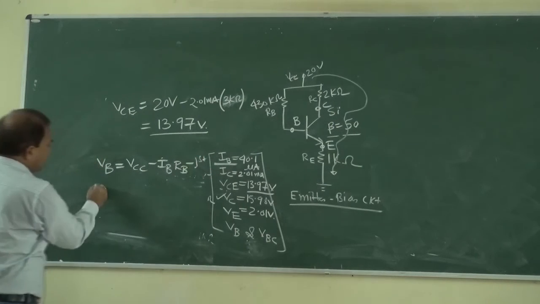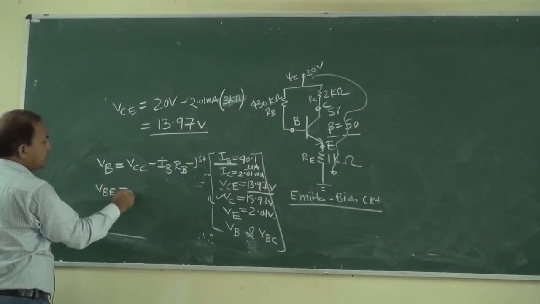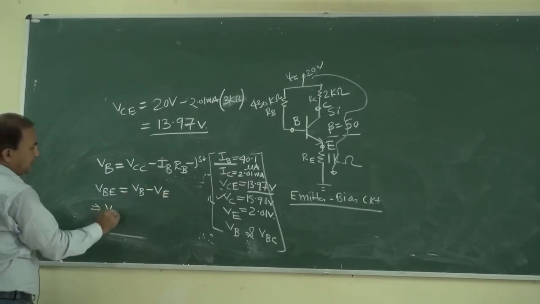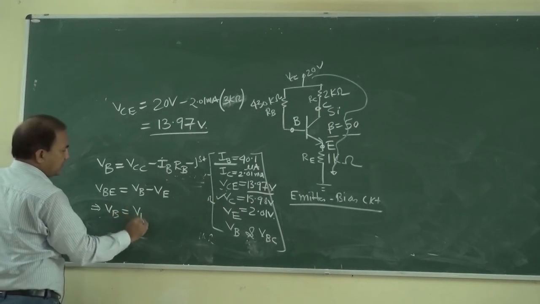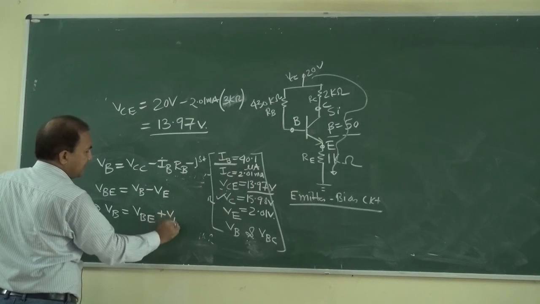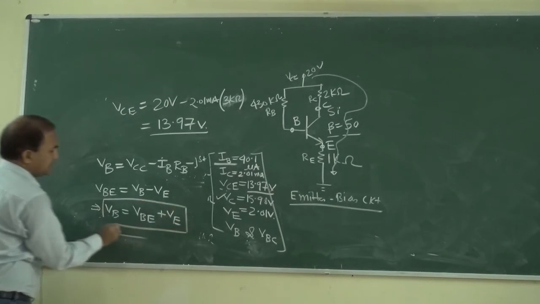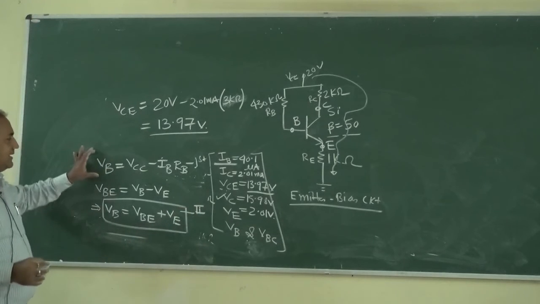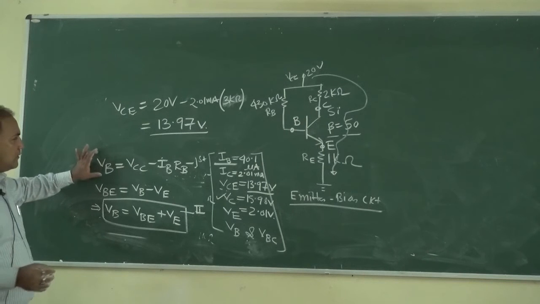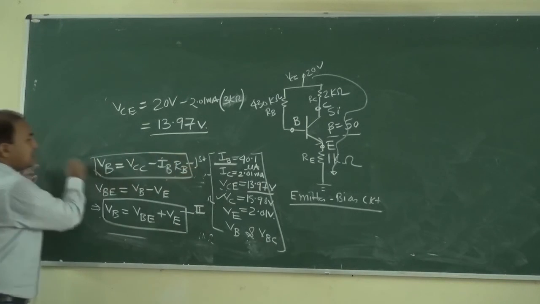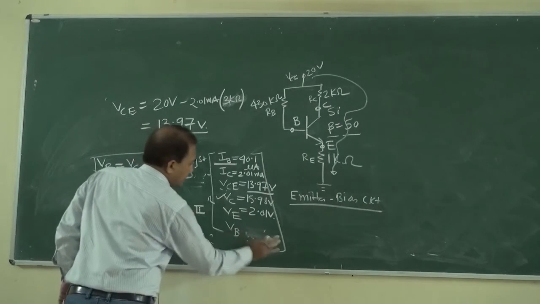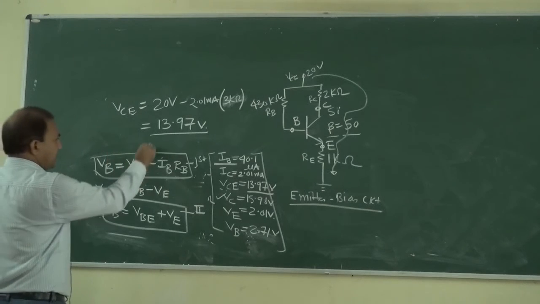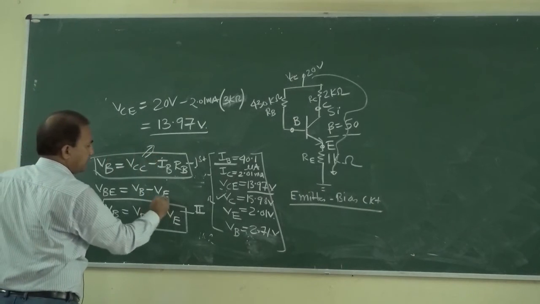The second method is VBE equals VB minus VE, so VB is equal to VBE plus VE. By using both equations, VB will be the same, 2.71 volt.